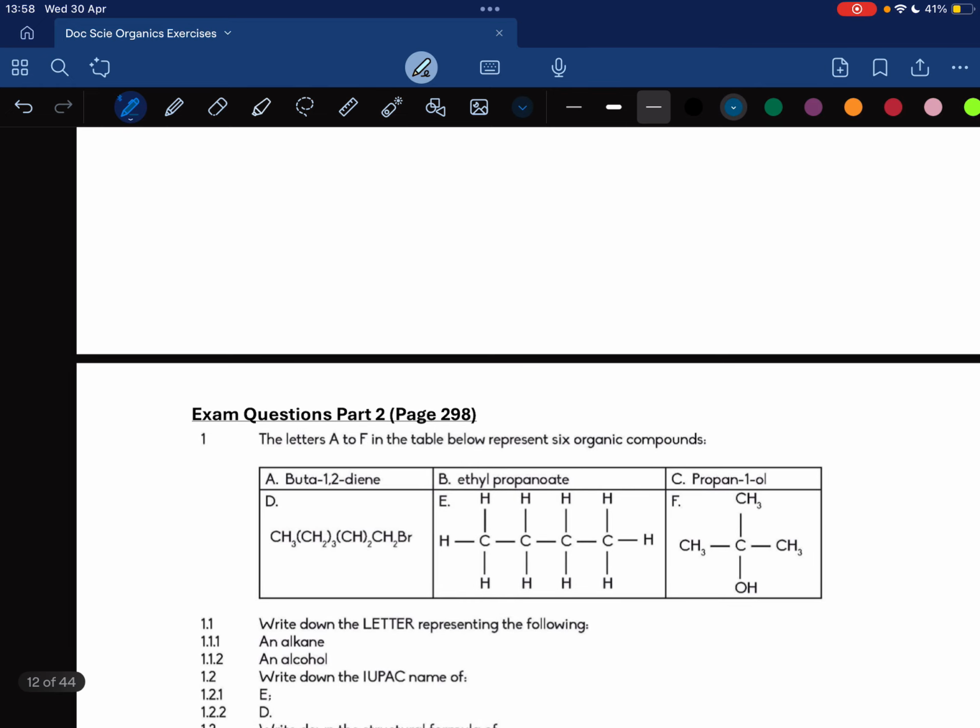But your homework is going to be from the exam questions again. This is part 2 of the exam questions from page 298.